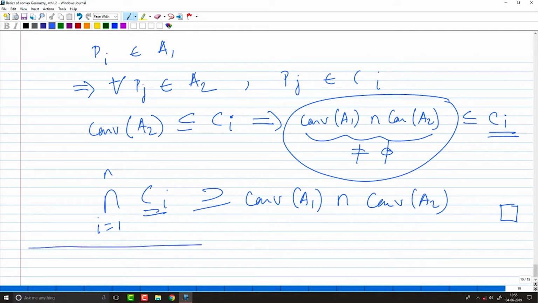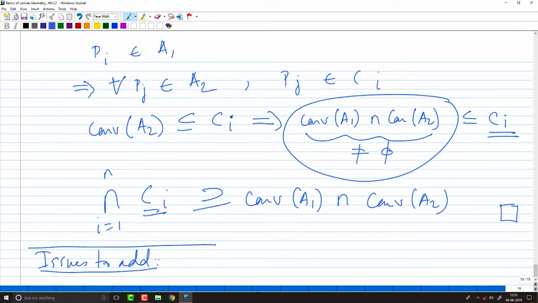Okay, so some issues to address. What did I say? Pi may be the only point that is not contained in Ci. It can be the case that Pi is also contained in Ci.